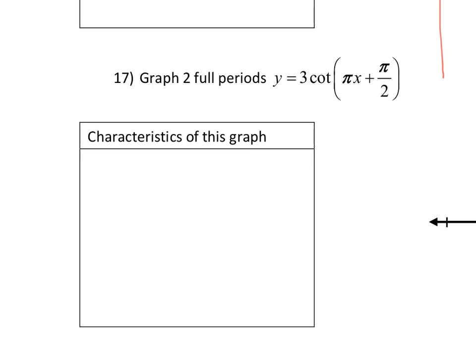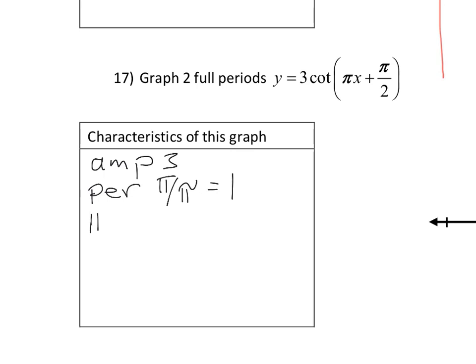Okay, so we have... I'm doing it again. All along I was doing amp first, and now I'm doing period. Amplitude of 3. Period is pi over pi, so that's 1.